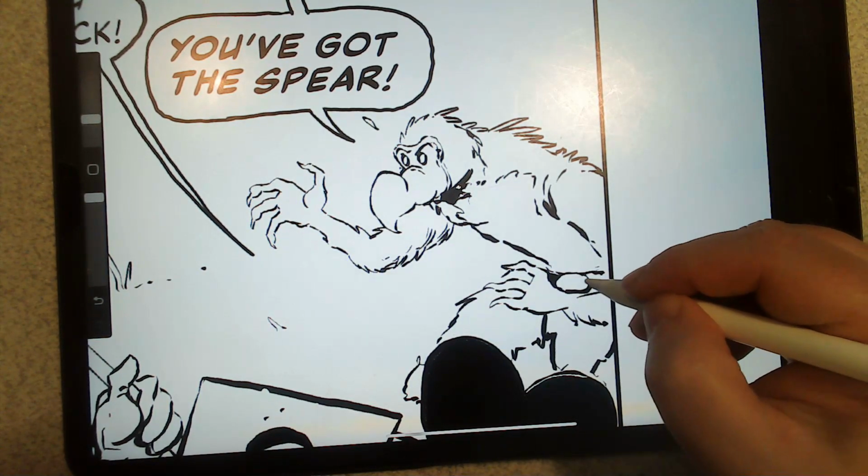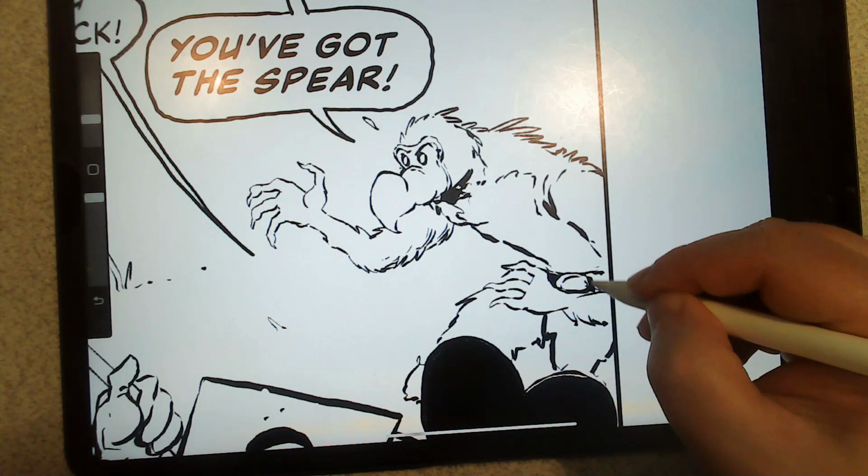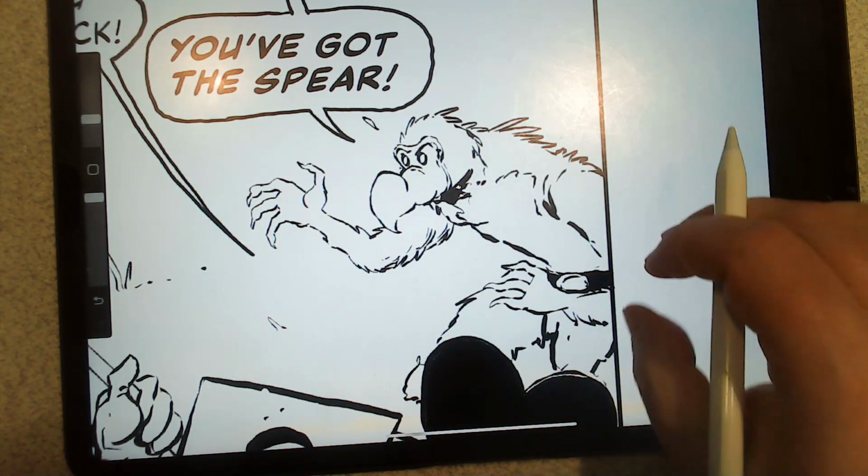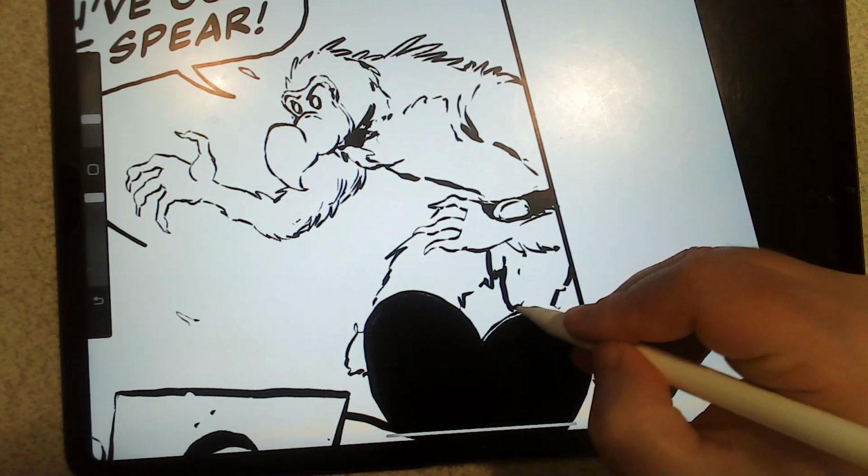And that means that's a loincloth or something.